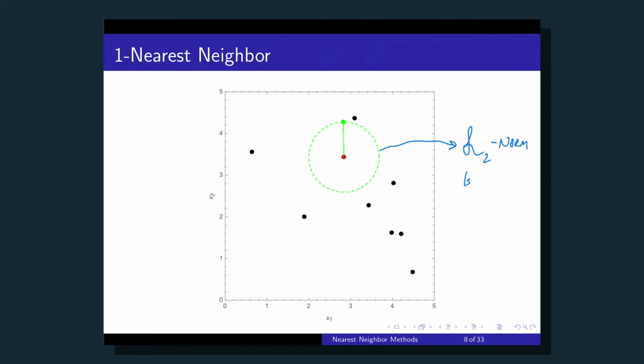What you use as a distance metric will affect what result you get from nearest neighbor.